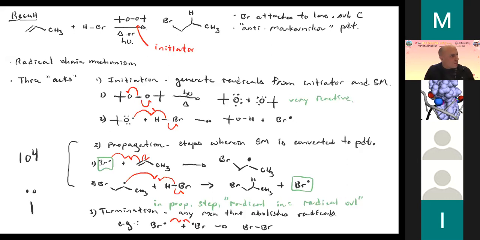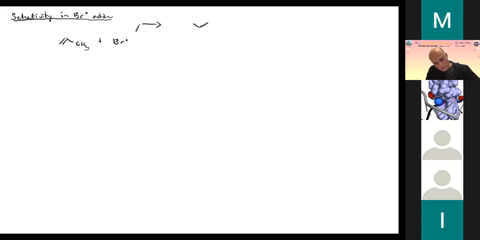All right, and so where we left off in the last class was with the selectivity in the radical addition, in the bromide addition. And what we said is that there are two ways that an alkene could potentially react with Br dot.